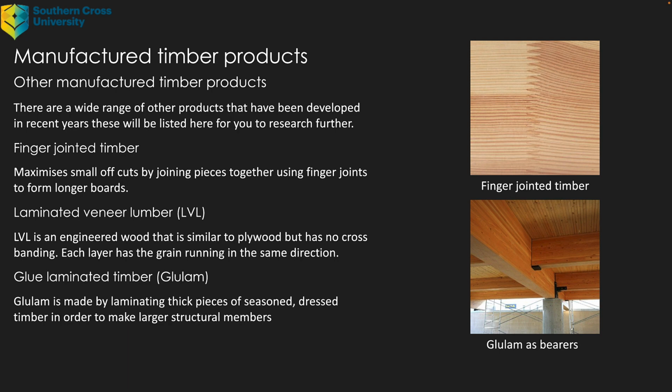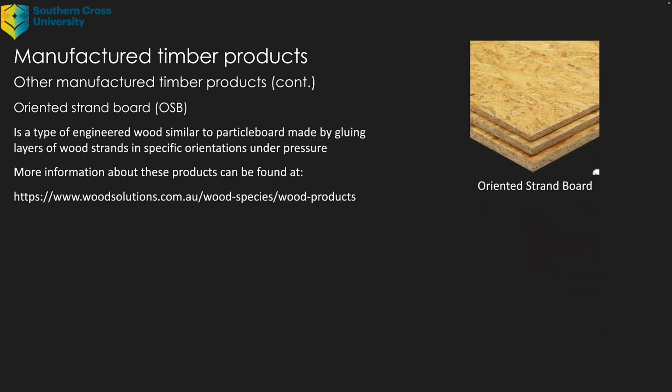Glue laminated timber, Glulam, is made by laminating thick pieces of seasoned dressed timber in order to make larger structural members. And you can see an image of it there. So it is the same concept as finger jointed timber, just going the other way. Instead of increasing the length, it increases the thickness. Oriented strand board is another.